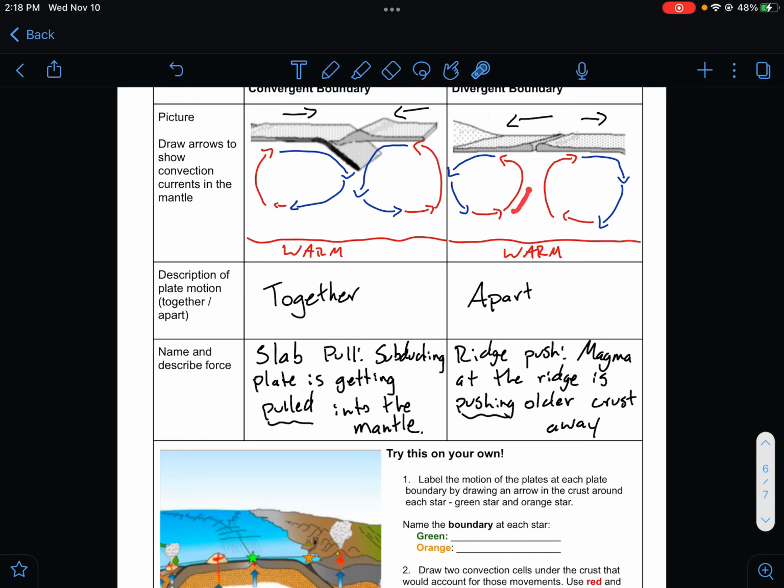So this new magma is coming up and pushing that older stuff away. So ridge push always happens at the mid-ocean ridge. Slab pull always happens when this slab is getting pulled down into the earth. So pull, you can think pulled down into the earth. Push, you can say pushed out on top of the earth.